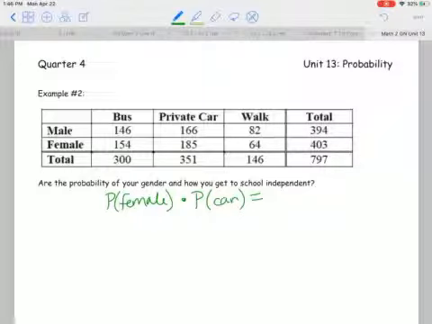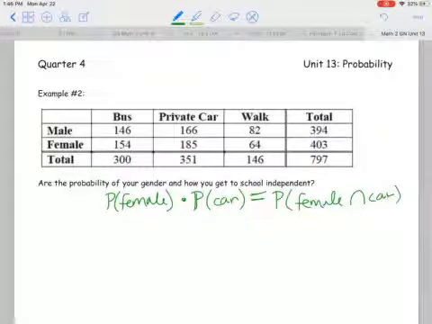I get here a little too early to use the bus or walk, that'd be a little far. And I want to see, okay, do they equal where those intersect? So female intersecting car. Now, if you're doing this and you're a guy, you might use the male instead. And you should see on your own if it's independent.